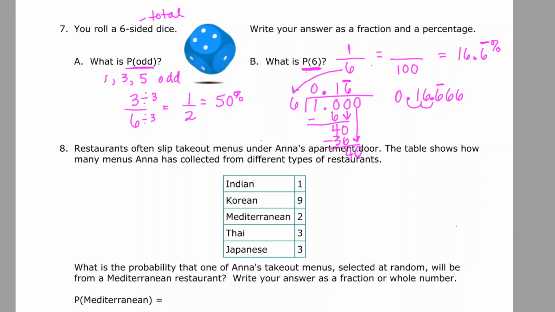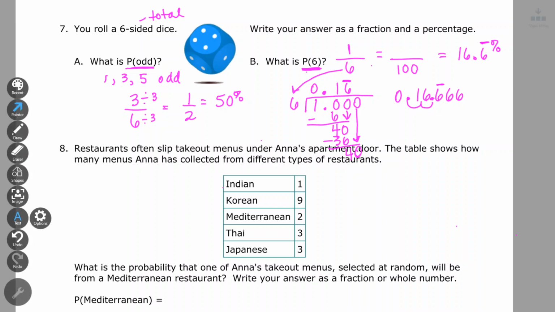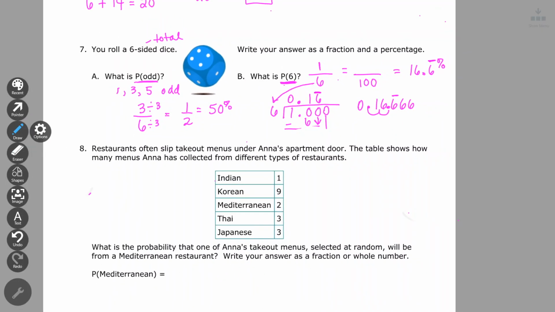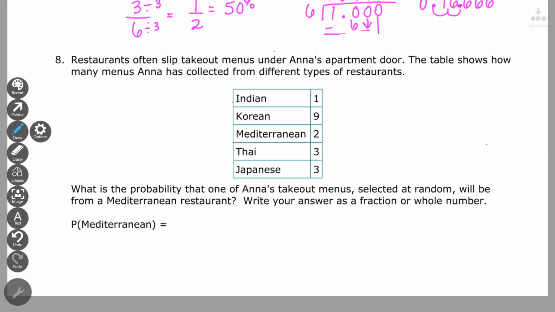Now, number 8, restaurants often slip takeout menus under Anna's apartment door. Okay, so then the table shows how many menus Anna has collected from different types of restaurants. Okay, 1 from an Indian restaurant, 9 from a Korean, 2 from Mediterranean, 3 from Thai, and then 3 from Japanese restaurant.